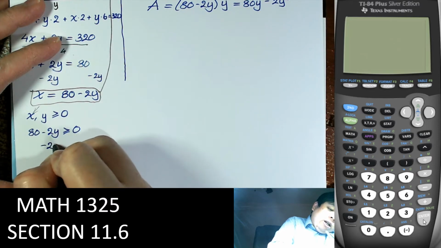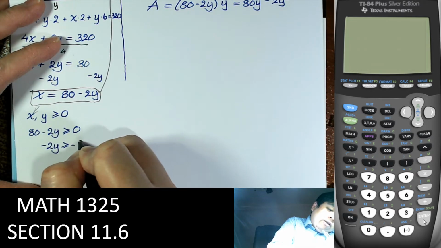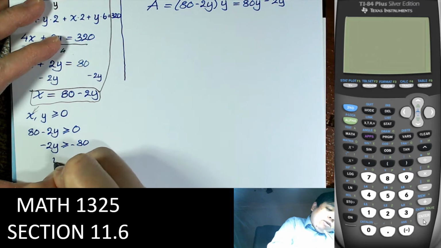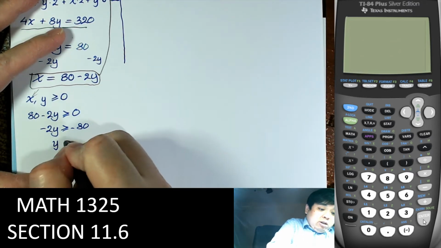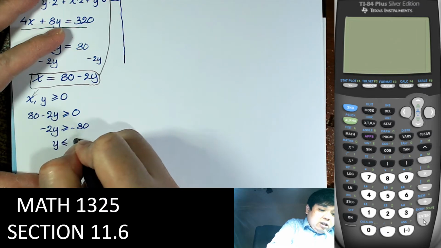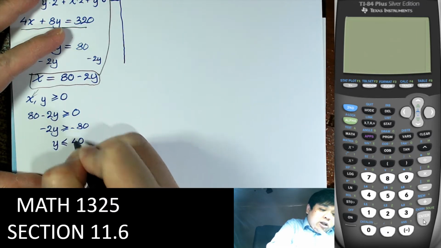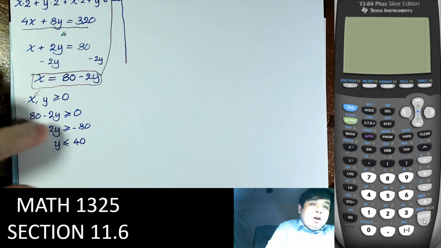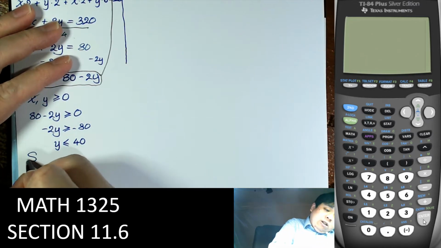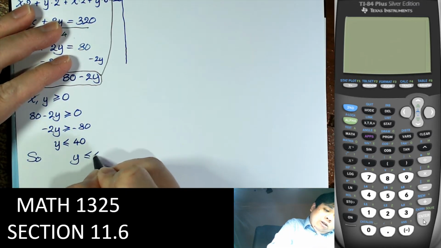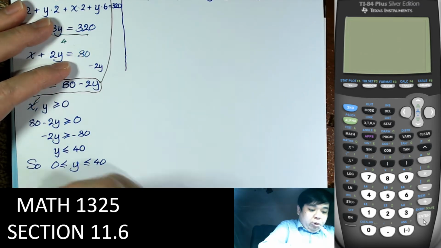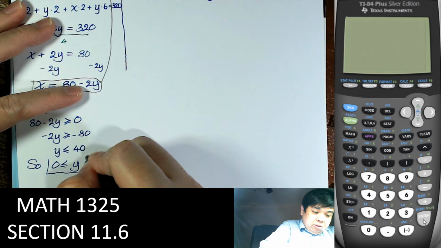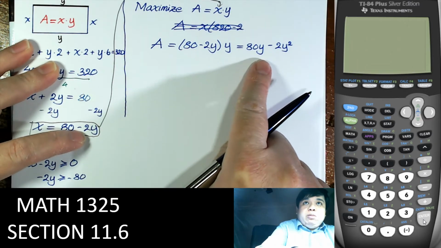Solve for y. 2y less than or equal to 80, or, dividing by negative 2 and reversing the inequality, y less than or equal to 40. So we have y greater than or equal to 0 and less than or equal to 40. We put that domain with the function to be optimized.